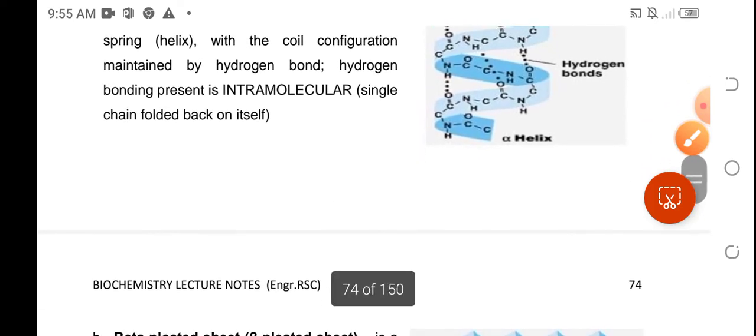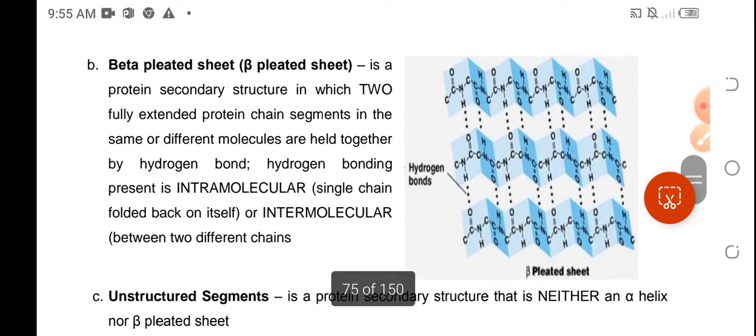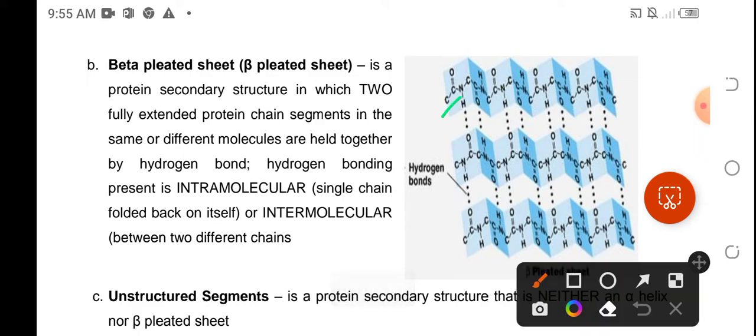For the beta pleated sheet, okay, so makikita natin parang meron pa rin siyang zigzag manner here, and that's the primary structure. However, for beta pleated sheet, kailangan natin ng two or more fully extended protein chain segments. So, ganun pa rin. The mechanism is the interaction between the hydrogen from the amino group and oxygen from the carbonyl group of different amino acid residues.